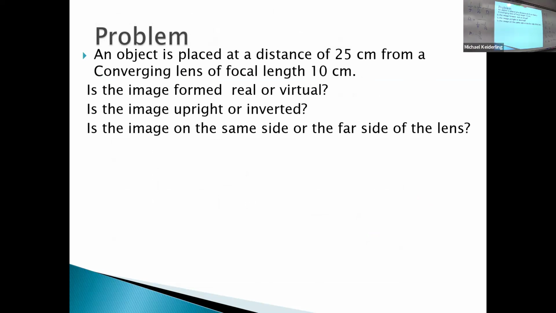Here we have an object placed at a distance of 25 centimeters from a converging lens of focal length 10 centimeters. Is the image formed real or virtual? Is the image upright or inverted? And is the image on the same side or the far side of the lens?